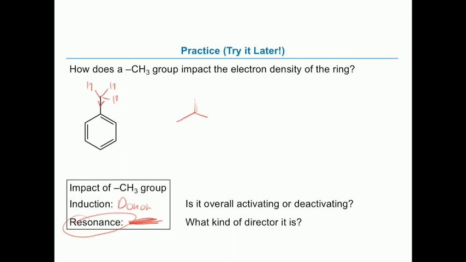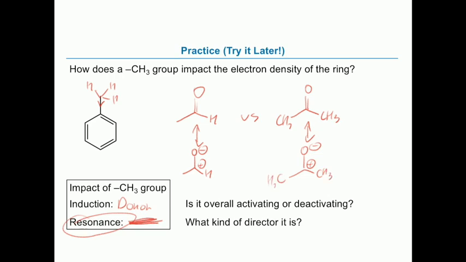The example we've used before is if you imagine an aldehyde versus a ketone with a methyl group on both sides. You can imagine the single bond resonance structure, negative and plus, as a carbocation-like structure, compared to the ketone, negative and plus, where you have your CH3 groups on both sides.